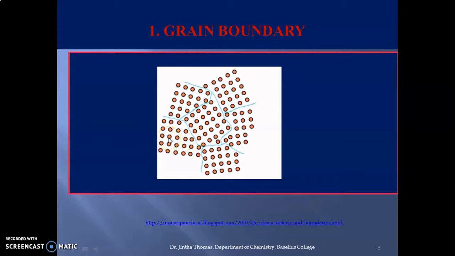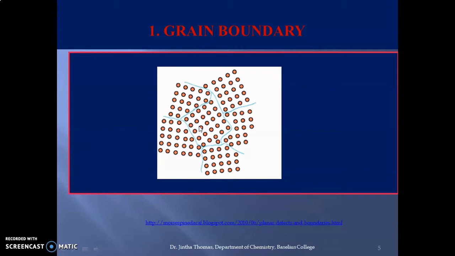So this perfect part and this perfect part lie in different orientations. So the area separating them can be considered as a boundary that separates these different grains or different crystals in a polycrystalline solid. This type of defect is called a grain boundary, and grain boundaries develop during the nucleation or crystallization process itself.